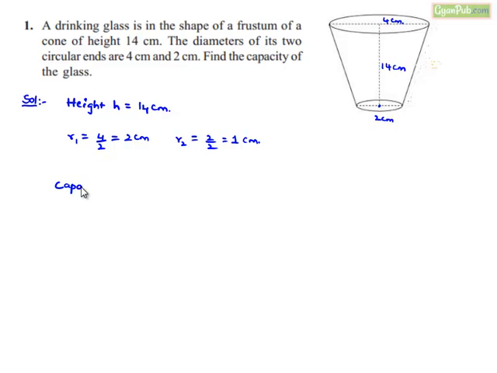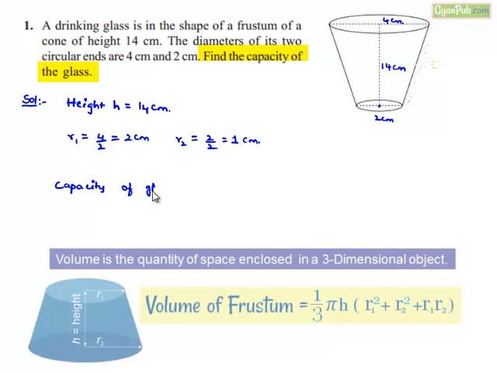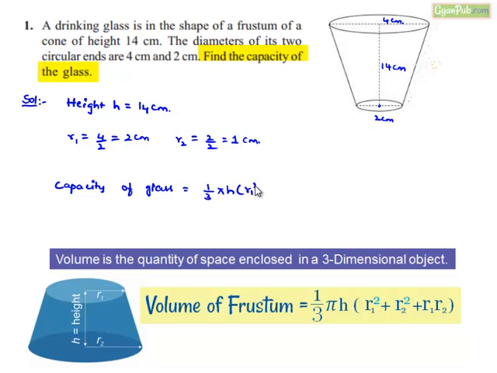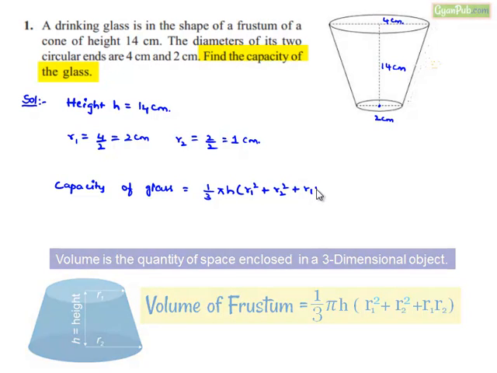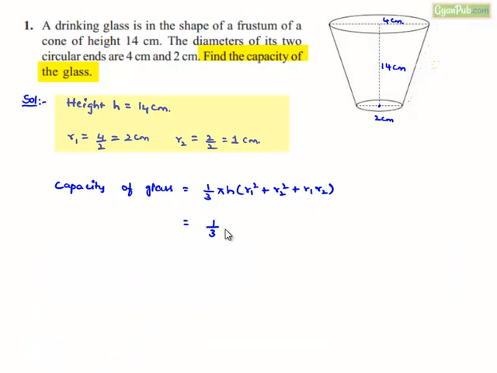We know that the capacity of the glass is equal to the volume of the frustum, that is 1 by 3 pi h into R1 square plus R2 square plus R1 R2, which is equal to 1/3 times pi, let it be as it is for now, into height 14 centimeters, and R1 square is 2 square plus R2 square is 1 square plus R1 R2 is 2 into 1, which is equal to 1 by 3 into pi value 22 by 7 into 14 times 2 square is 4 plus 1 is 5, 5 plus 2 is 7.